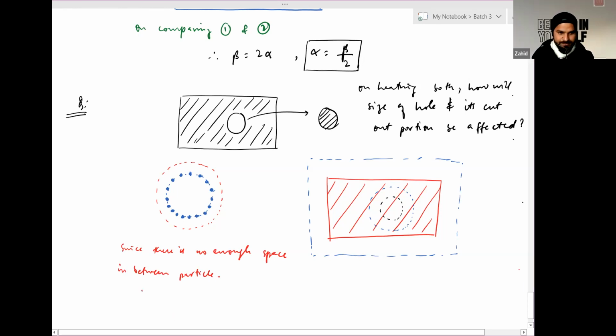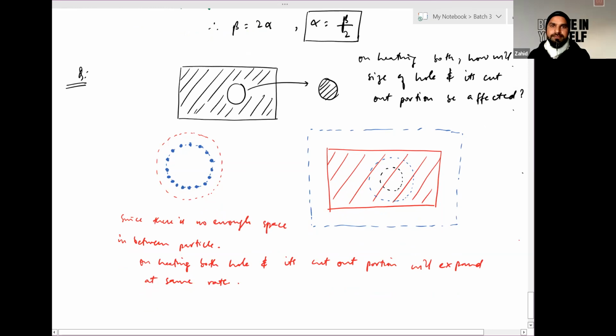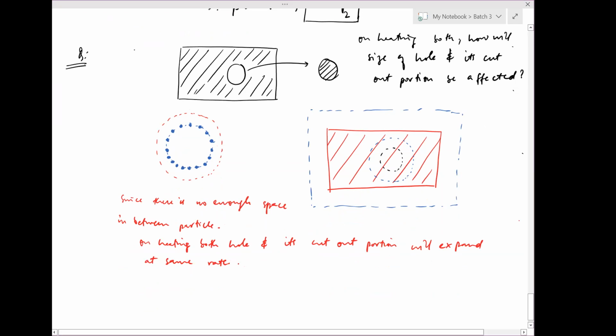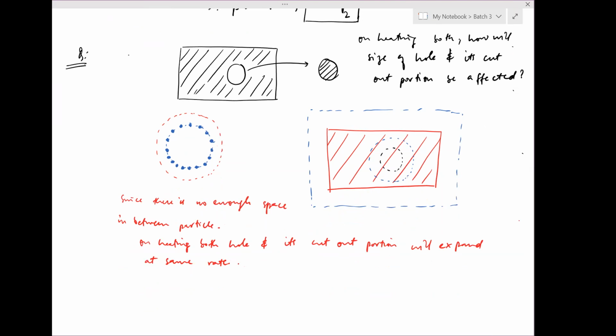So on heating, both hole and its cutout portion will expand at same rate. Abhinav, is it clear? Yes, sir. Riba, any doubt? No. Okay.